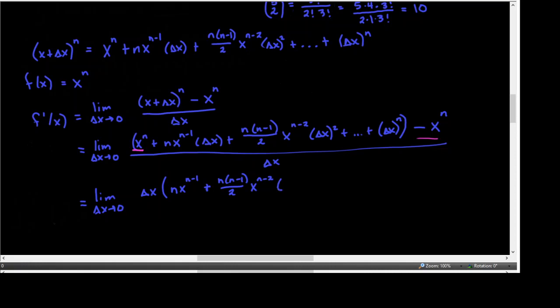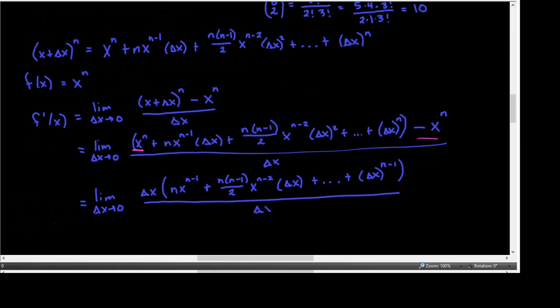And I've pulled out a single delta x, so when I had 2, I'm left with one of them, etc. And of course, the delta x powers just keep getting bigger. So every single one of those terms has delta x in it, albeit from a little bit smaller power. In fact, that last power will be n minus 1 because we took one of them away, the one that we factored out.